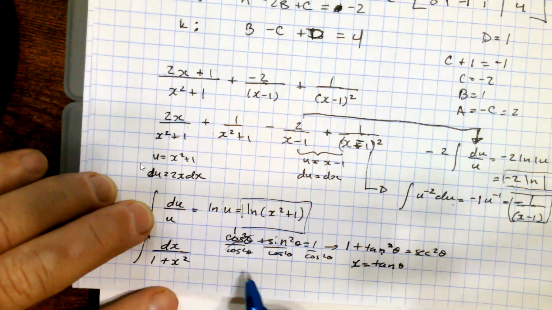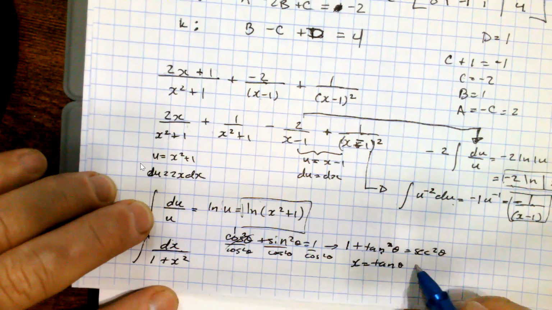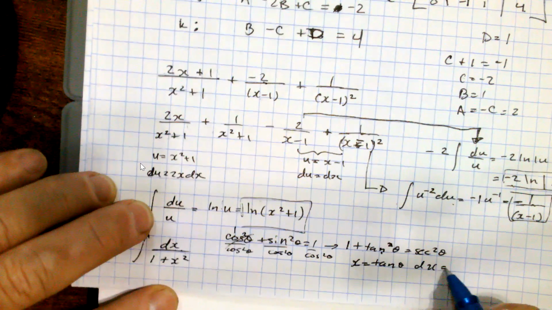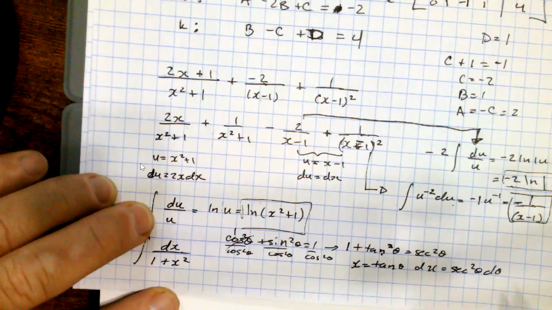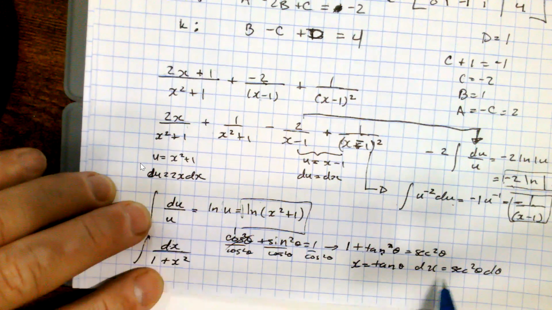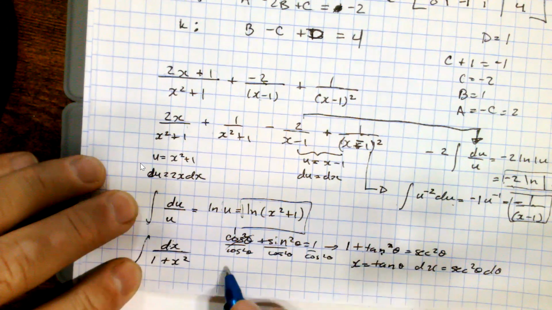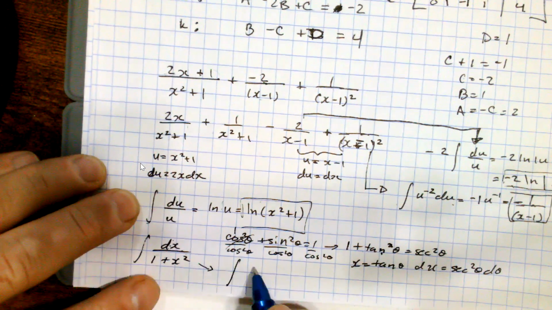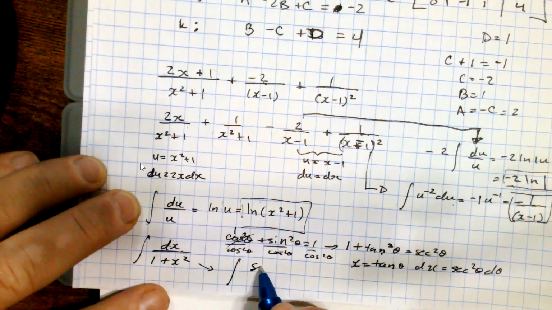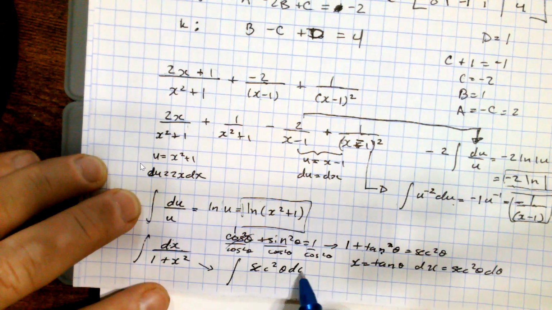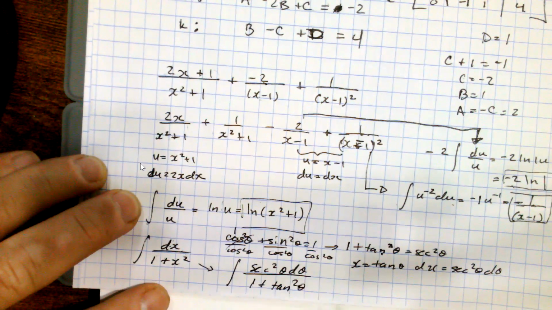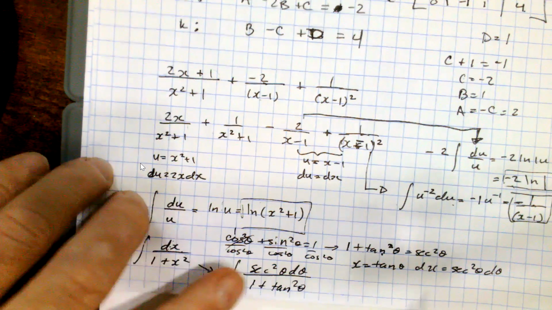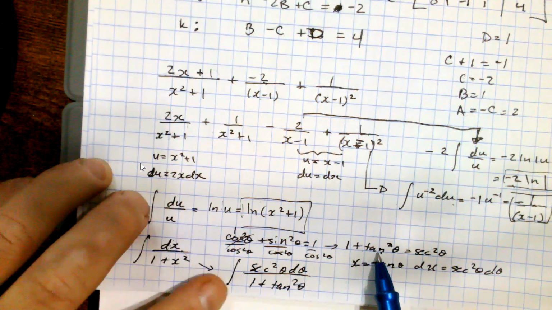Okay. All right. So if I do that, then dx is equal to secant squared theta d theta. Okay. And then plugging everything in, you get the integral of secant squared theta d theta over 1 plus tangent squared theta. Okay. But if you look here, 1 plus tangent squared theta is secant squared theta.